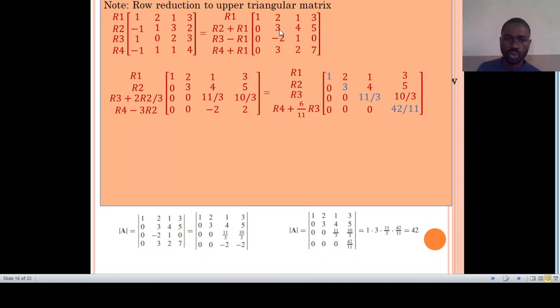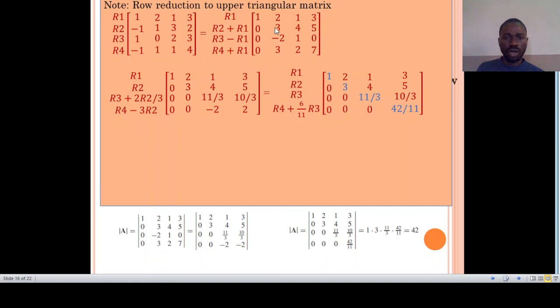If I say 2 times 3, that is 6. 6 divided by 3 will give me 2. So that will enable me to add them together so that this value here can be converted to 0.